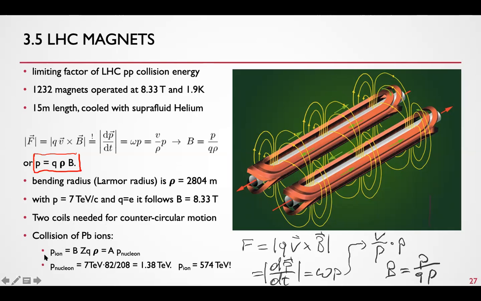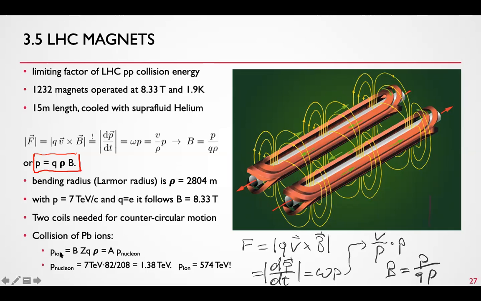The same thing holds. The momentum of the lead ion is the magnetic field that you have times the number of charges, because the charge of the ion is just Z times the elementary charge, times rho. And this momentum is now spread among the nuclei that make up the ion, given by the mass number.